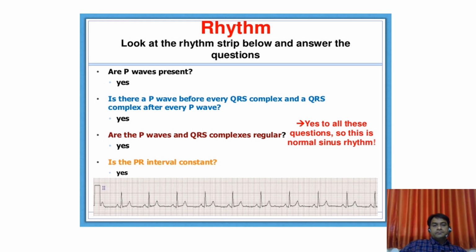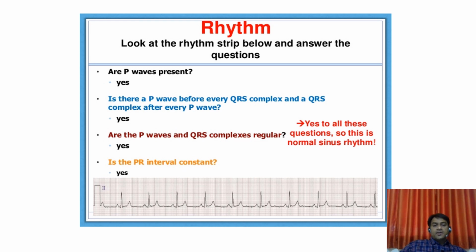Then rhythm. How to calculate the rhythm? Check whether there are P waves in the ECG. If the answer is yes, check whether there is a P wave before every QRS complex and a QRS complex after every P wave. The answer to this is yes.